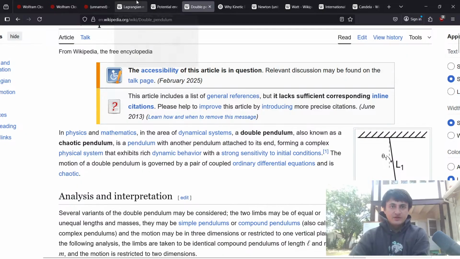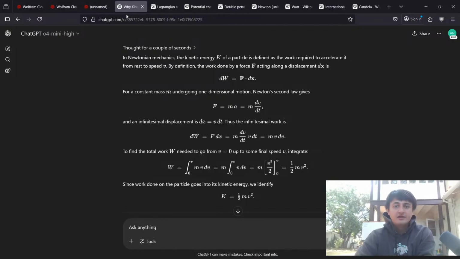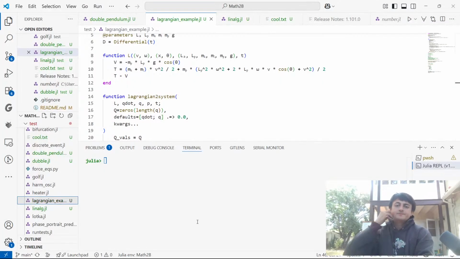So, okay, wait. Let's just clarify that with a little chat. For potential energy, if I move a pen up 1 meter straight up versus arced, is it at the same potential energy?